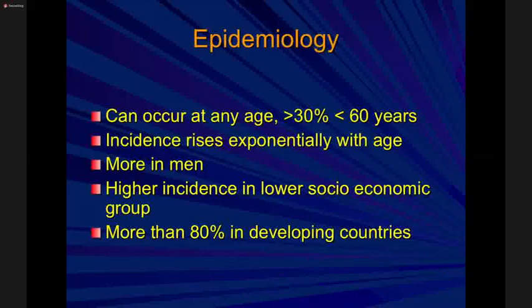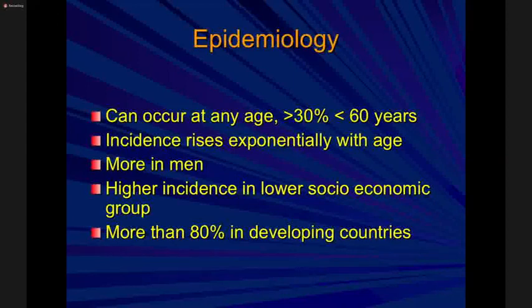Incidence rises exponentially with age, and it is more in men, with a higher incidence in the lower socioeconomic group, and more than 80% in developing countries. Out of the world's stroke burden, 80% occur in developing countries, mainly because many strokes could be prevented by controlling the risk factors, basically it's the risk factors.